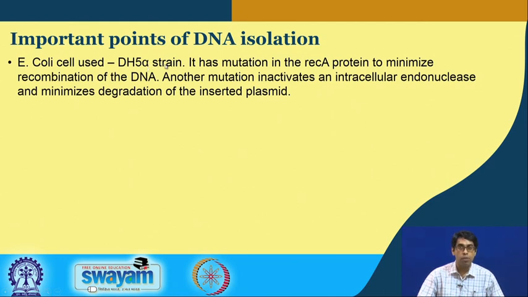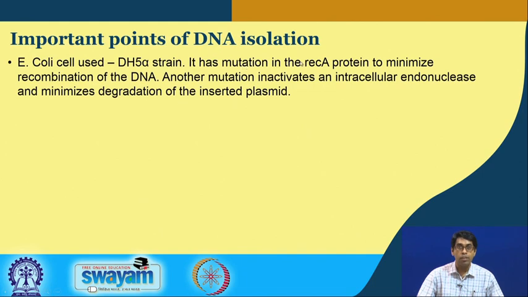As I mentioned before, for protein purification we used a different strain called the BL21DE3 strain that was more poised towards overexpression of protein, but this particular strain is more suitable for maintenance of the plasmid DNA, because it maintains a high copy number of the plasmid DNA, and it has two specific mutations which help in the stability of the plasmid DNA inside the bacterial cell.